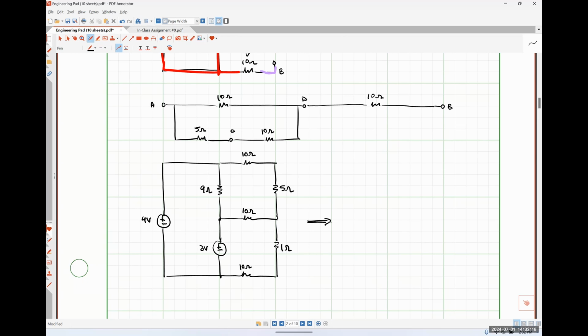And now we can say that this circuit that I'm drawing over here to the right is electrically equivalent, because our Thevenin equivalent circuit has to be electrically equivalent to our original network. Okay? So if we were trying to find the power delivered to the 1 ohm resistor or something like that, the Thevenin equivalent circuit would be the easier one to analyze, just specifically worried about the power.